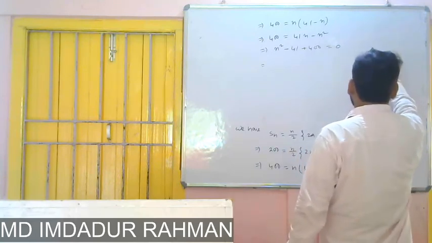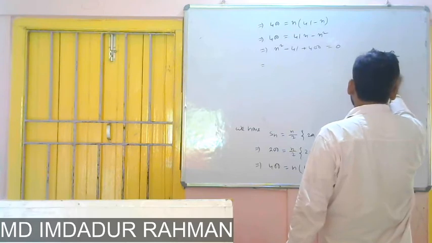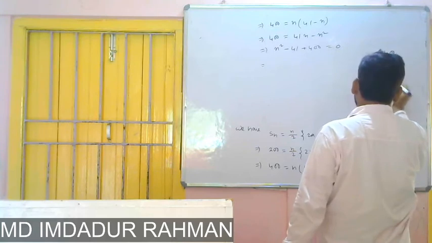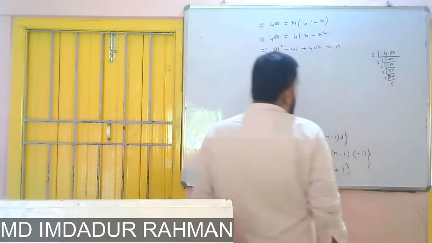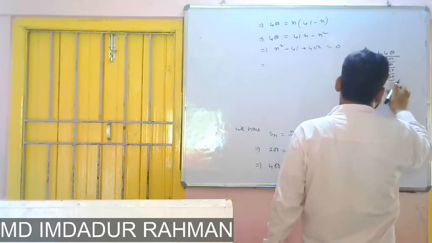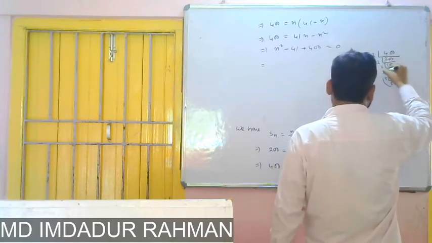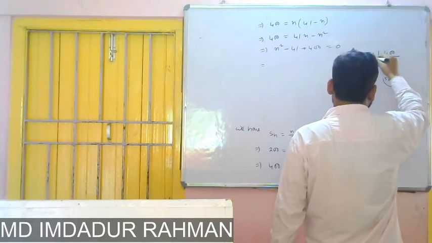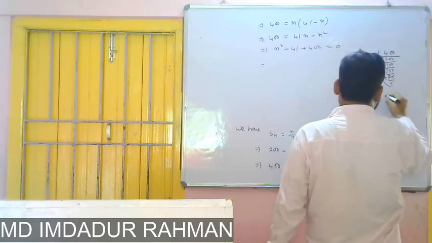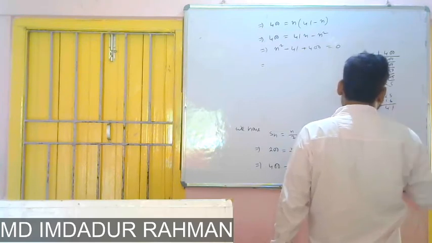So we need two numbers that multiply to 400 and add to 41: 25 and 16. 25 plus 16, it is 41. Okay.